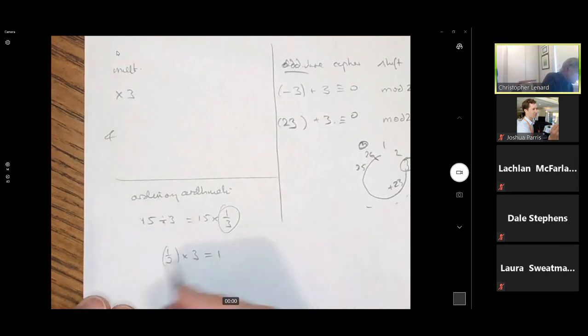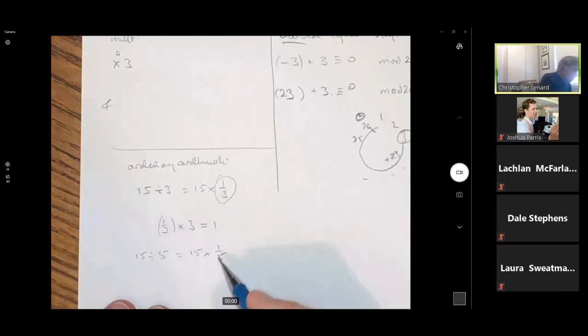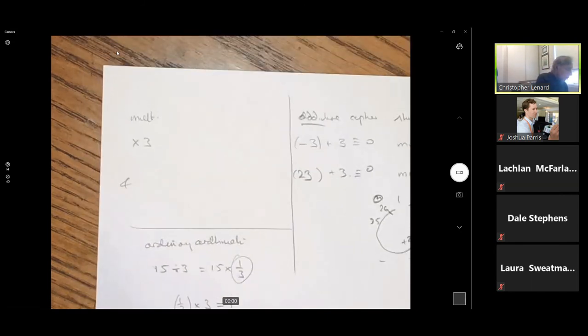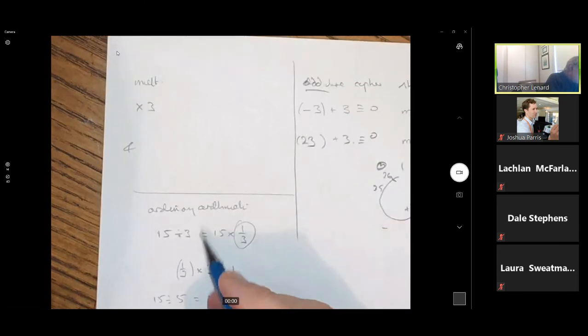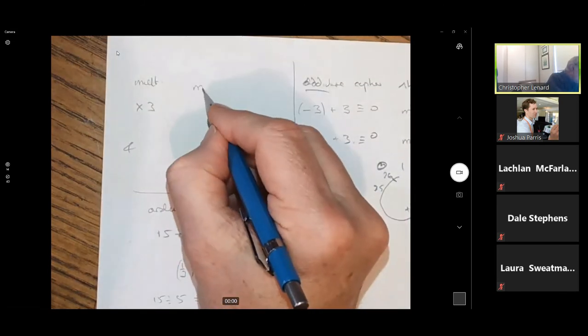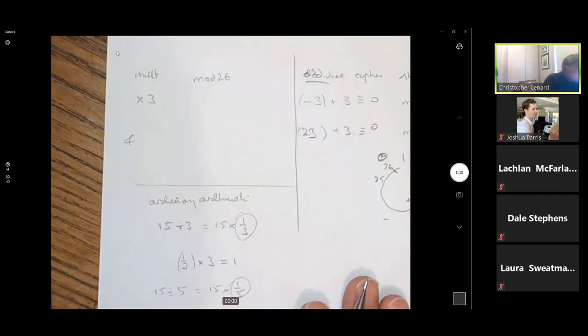So 15 divided by 5 is the same thing as 15 times 1 over 5. What's 1 over 5? 1 over 5 is the thing that I have to multiply by 5 to give me 1. That's how we define what 1 over 5 means. So here we're going to be doing this in the MAT1MIT system.